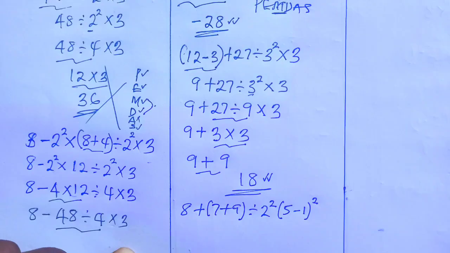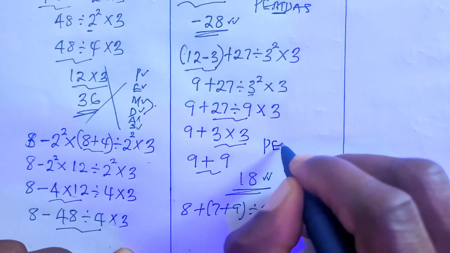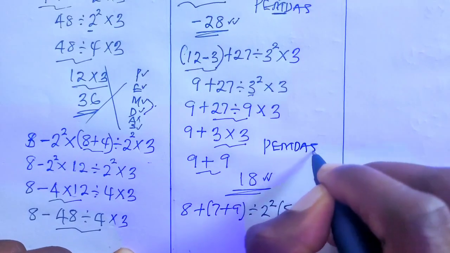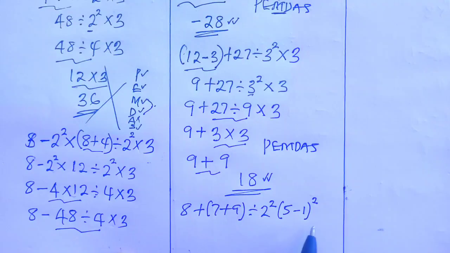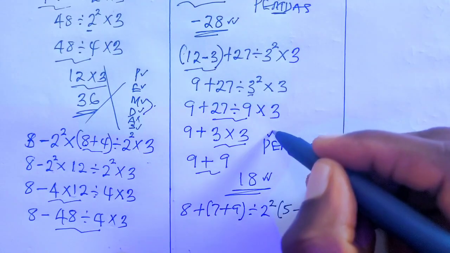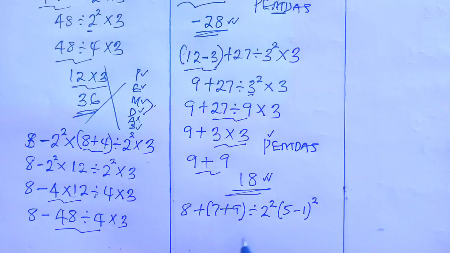Since following this PEMDAS rule, now in this given expression, we have parentheses. Then right here, still following the order, we are going to first of all simplify this parentheses out first.